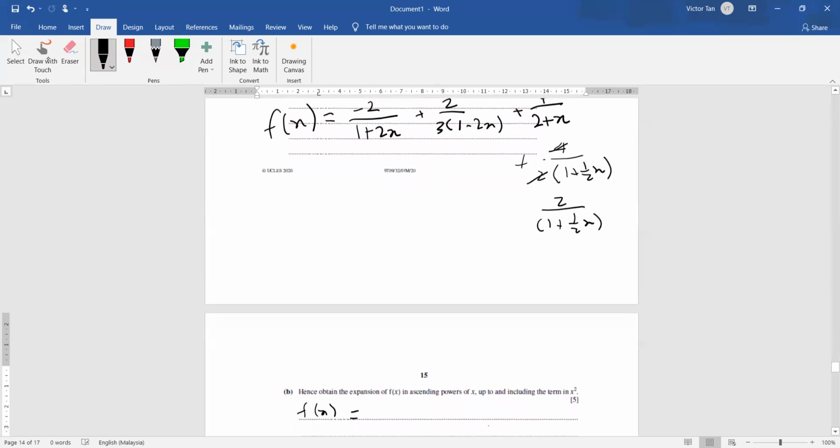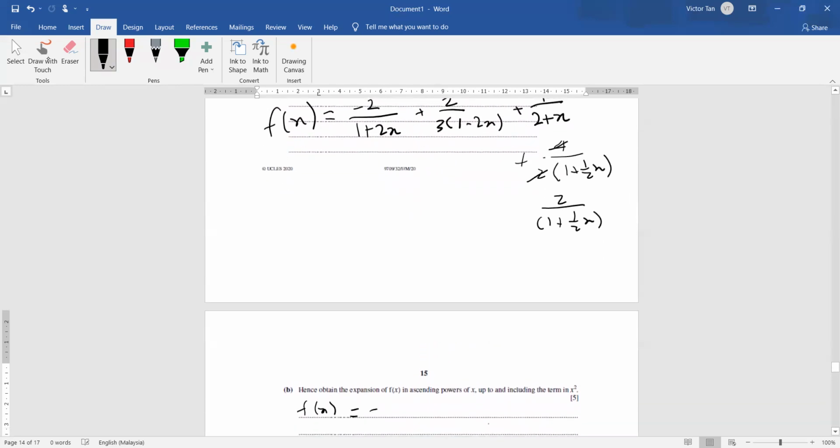Okay, in order to expand, you need the term to start with 1 plus something x. X power negative 1 plus 2 over 3, 1 minus 2x, plus 2, 1 plus half x.